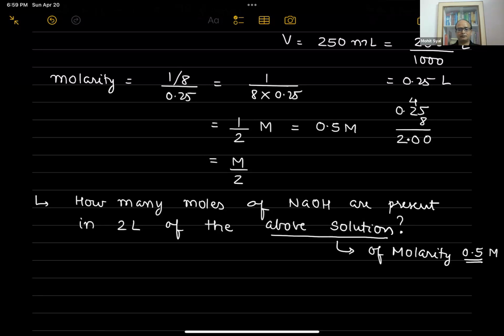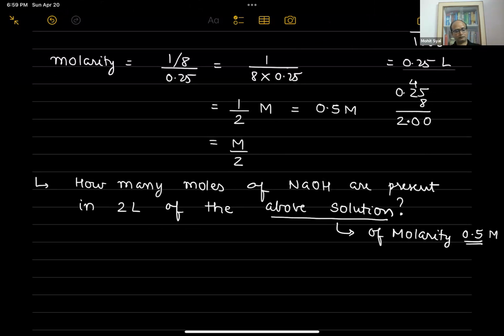Is it clear? Just try to figure out a little bit how many moles there are if the volume is taken as 2 liters. The question, I hope, is clear to both of you. So how are we going to attempt it?